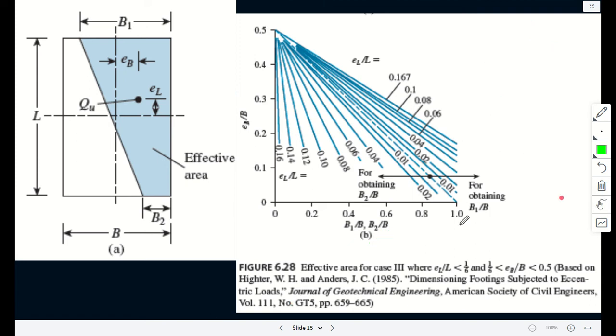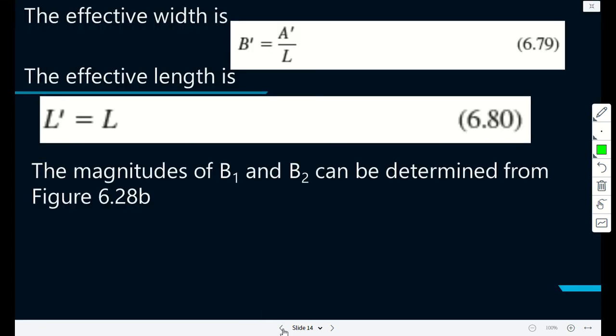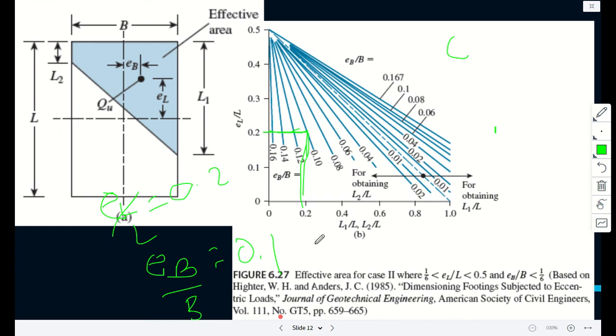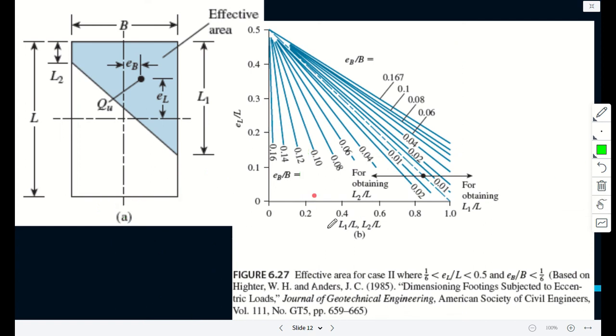There are two of them. One of them is here. So actually there's no error. You can see that there is one value here, 0.1. So if you extend, actually there are two of them, because what we are reading is for B2 over 2. So we are reading for L2.